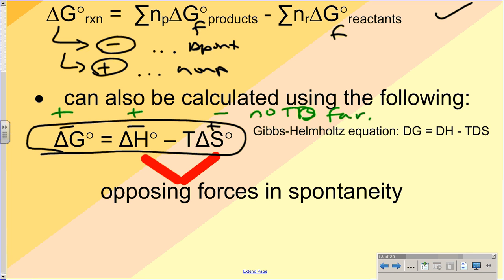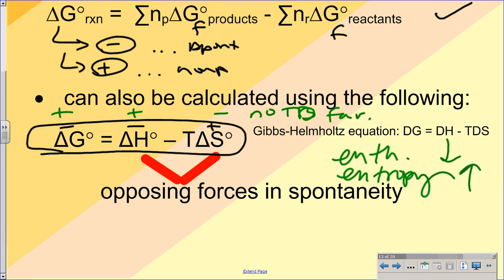So the two driving forces of reactions are enthalpy and entropy. If entropy is increasing, great. If enthalpy is decreasing, great. A thermodynamically favorable reaction will occur without outside intervention. Okay. Who got 50% of that?